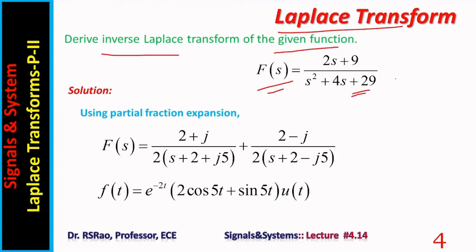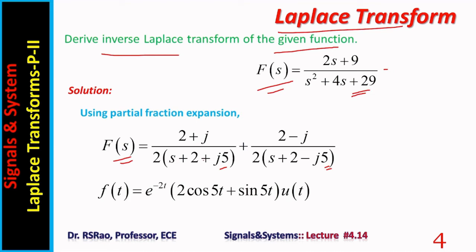Procedure is the same. First write down s square plus 4s plus 29 in terms of factors. The factors can be found as (s plus 2 plus j5) and (s plus 2 minus j5). Then go for the partial fraction expansion method. It results in f of s as (2 plus j) by 2 (s plus 2 plus 5j) plus (2 minus j) by 2 (s plus 2 minus 5j).